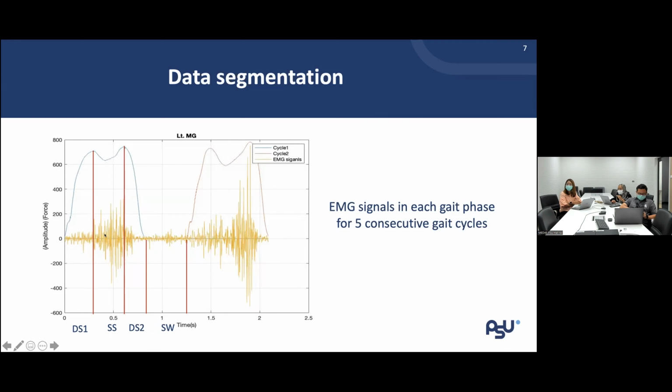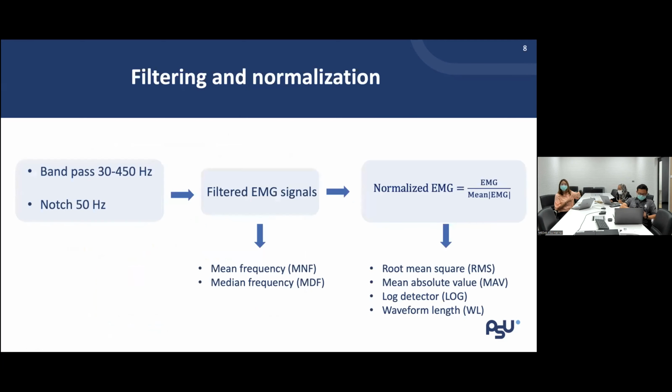The yellow signal is the EMG, and the M-shaped signal is from the PIDA. After I select the data in each gait phase, I filter the data with bandpass and notch filters. So I got the filtered EMG signal.